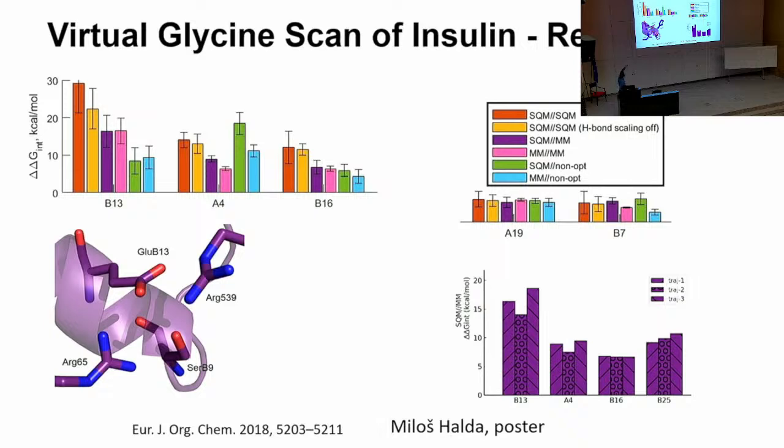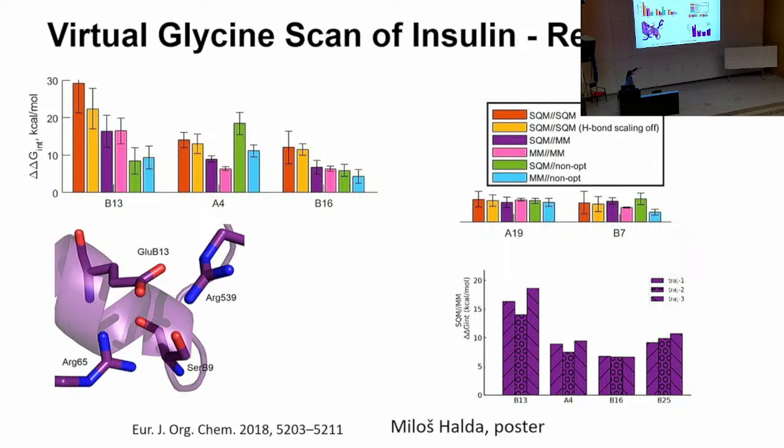This red and yellow are 2 sorts of SQM. So you can see even 10 kilocalories difference between them. The other part of variability are the error bars, which are differences from 10 conformations, that's averages and standard deviations.